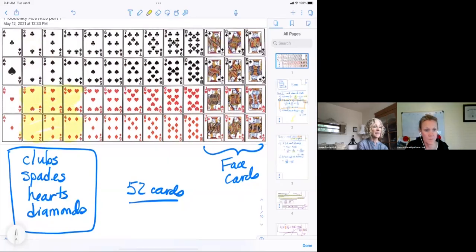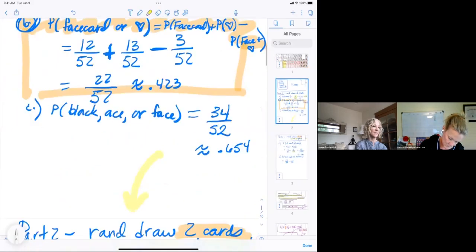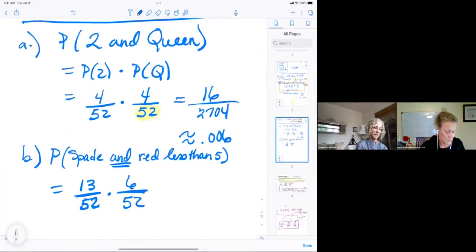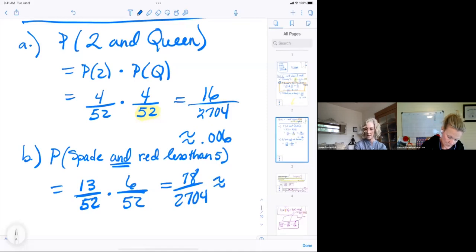It means less than 5, which would only include 2, 3, 4. So the red cards that are 2, 3, 4 are hearts and diamonds. So there's 6 of them. Multiply 13 times 6, we get 78. 52 times 52 is 2,704. And we can get a decimal approximation, 0.029.